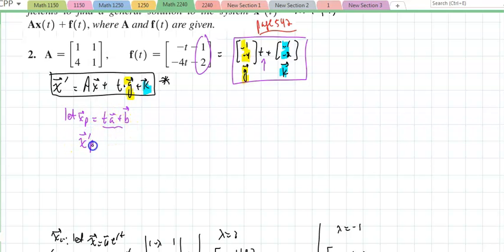If I take a derivative of this, why a derivative? Because I want to satisfy that. Wouldn't the derivative simply be vector A? That's it.